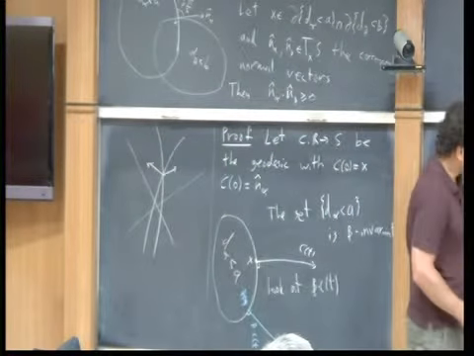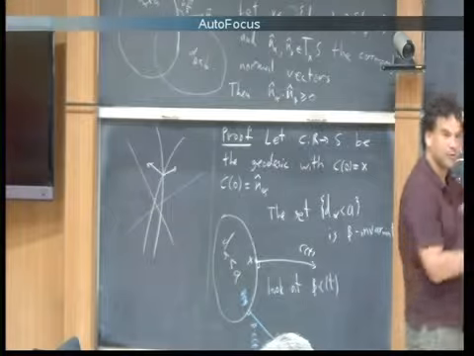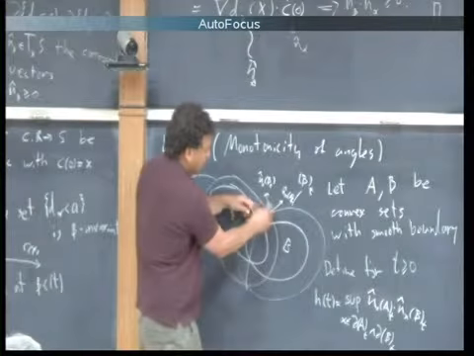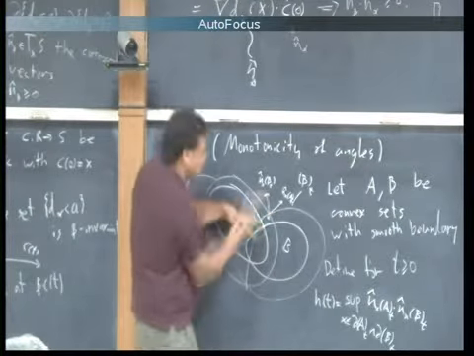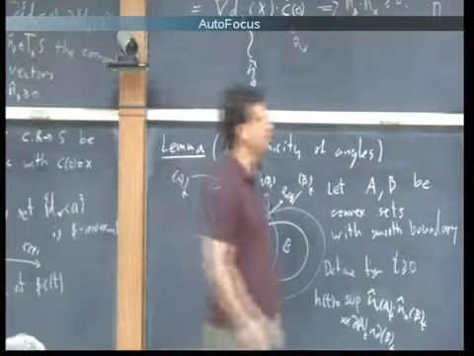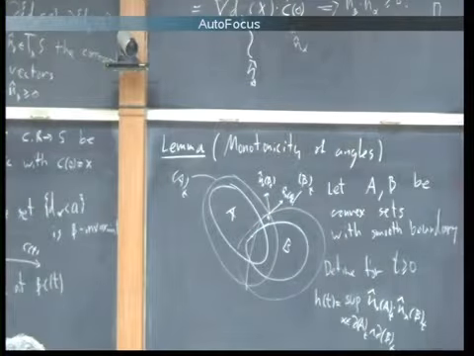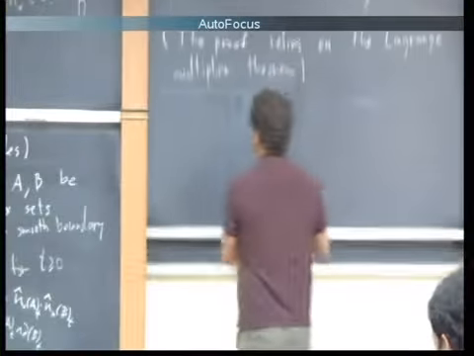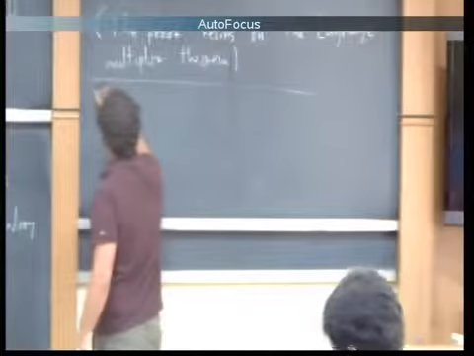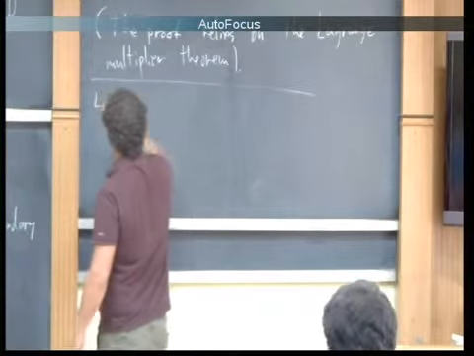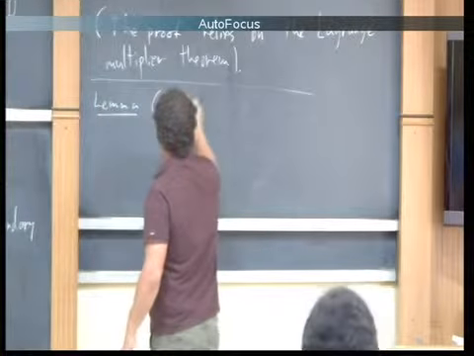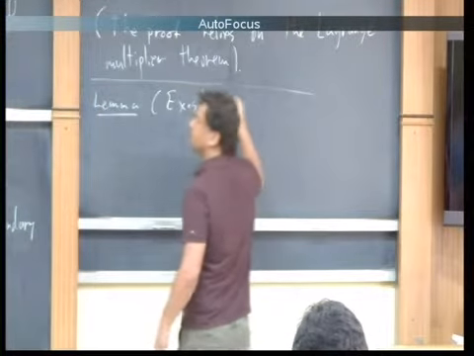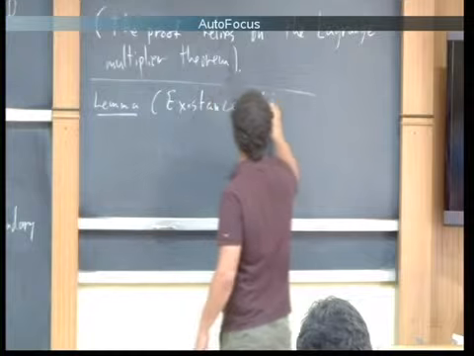But now it's quite clear that there is a good direction, because all these inner products are good, and we take something in the middle. So this will be the next lemma, which I will call existence of a good direction.